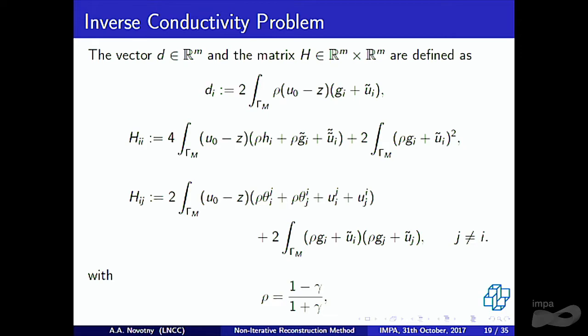These are the entries of the Hessian matrix. Again, we have U0, zeta, and some auxiliary functions. The important thing to keep in mind is that these auxiliary functions are defined in the original problem, in the original domain omega, with no anomalies. It means that they are somehow universal.